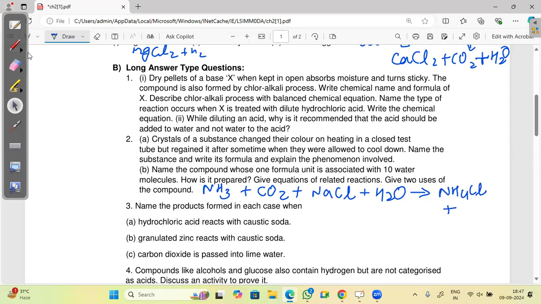plus what else do you obtain? NaHCO3. So here you are able to get NaHCO3, and this NaHCO3, when further heated, gives us Na2CO3.